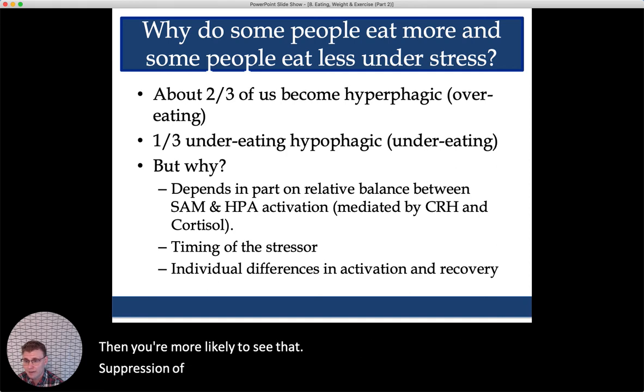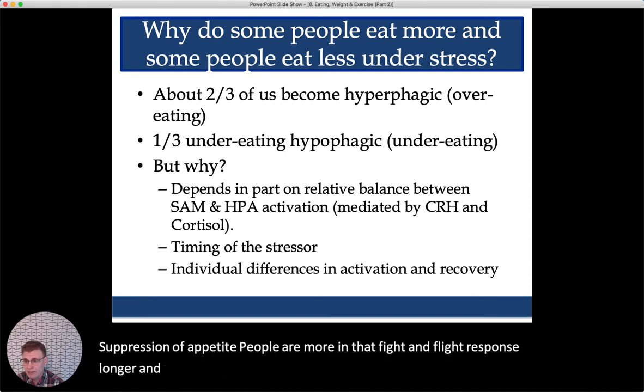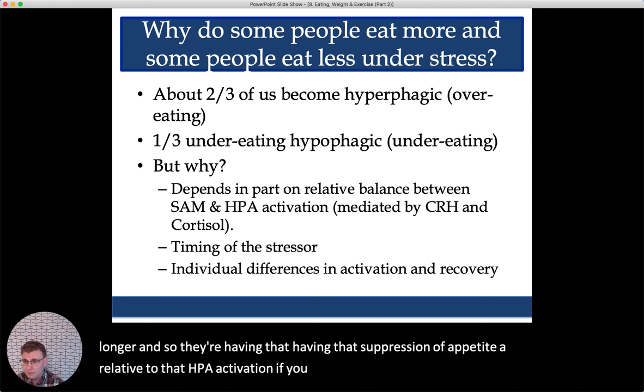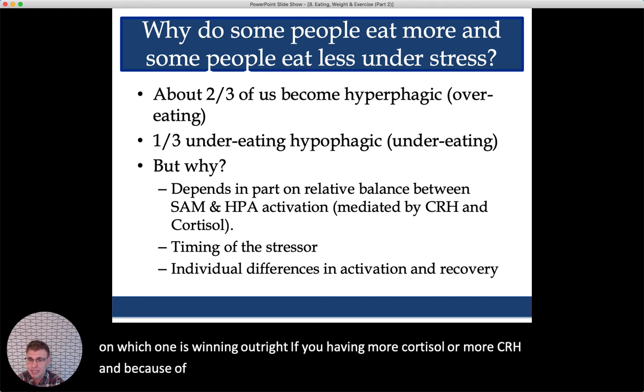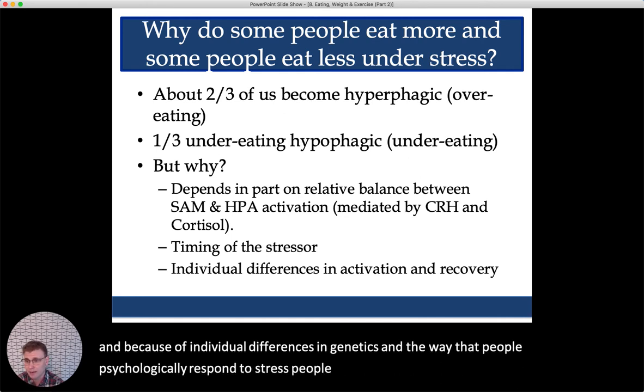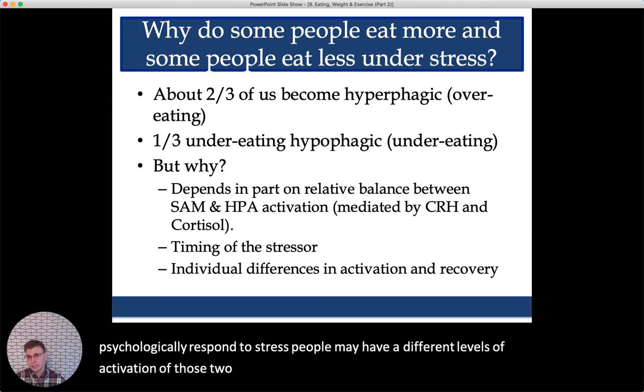People are more in that fight and flight response longer, and so they're having that suppression of appetite relative to that HPA activation. If you have a lot of both, it really just depends on which one is winning out, right? Are you having more cortisol or more CRH? And because of individual differences in genetics and the way that people psychologically respond to stress, people may have different levels of activation of those two things. And so that's one thing that accounts for this.